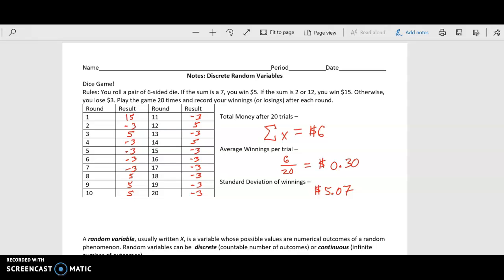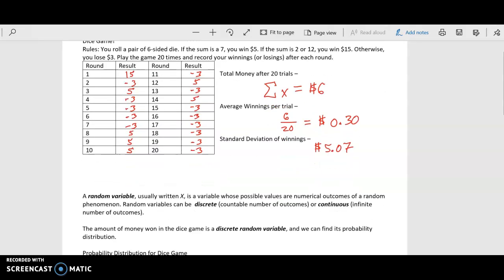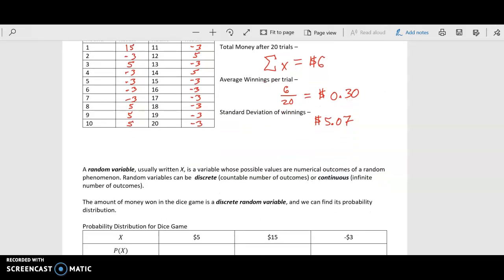Remember, we could figure it out on our own if we wanted to. We take this sum, divide by n minus 1, and take the square root of that.